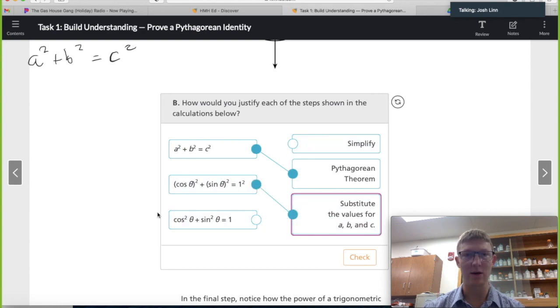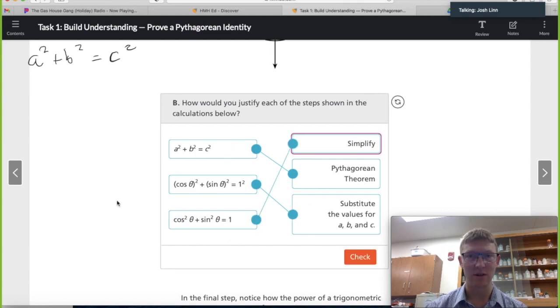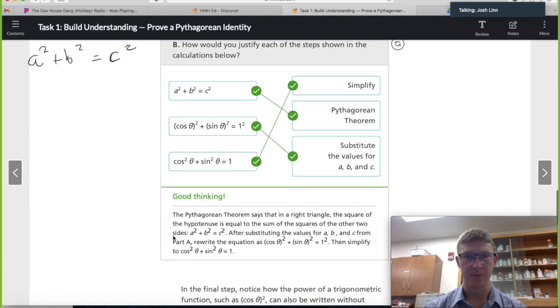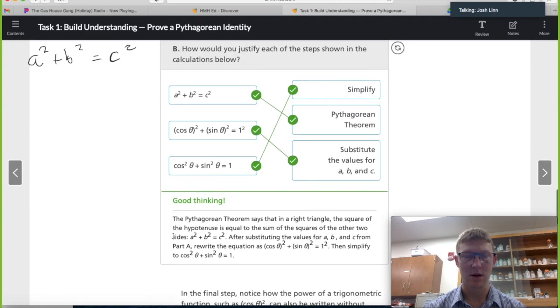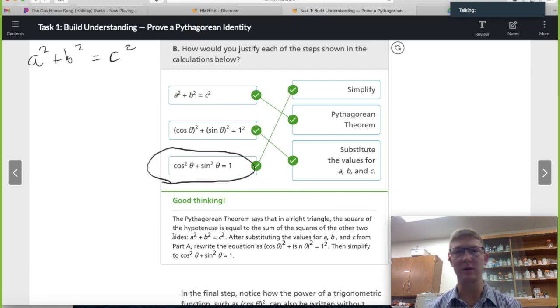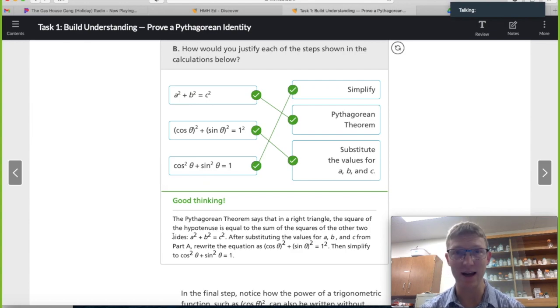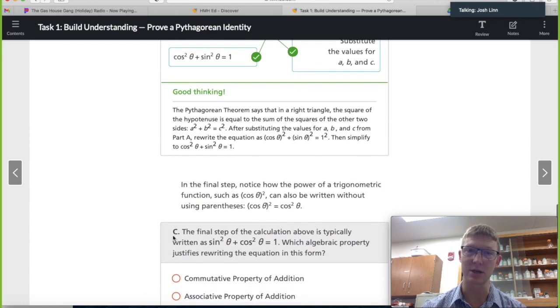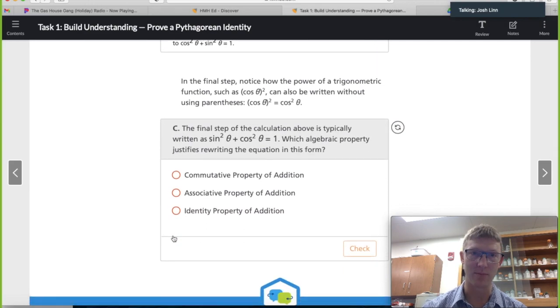So we substitute values. Now we have the identity that says cosine squared of theta plus sine squared of theta equals 1. That's actually what we're going to be using. So that's where it came from.